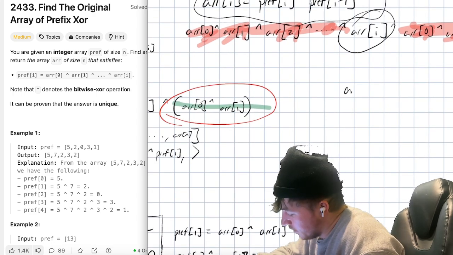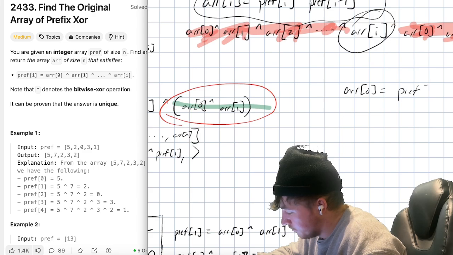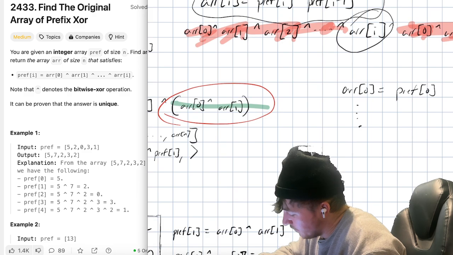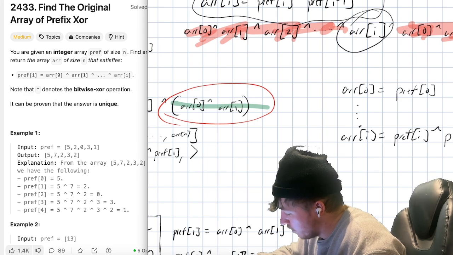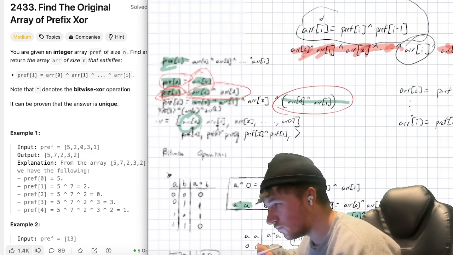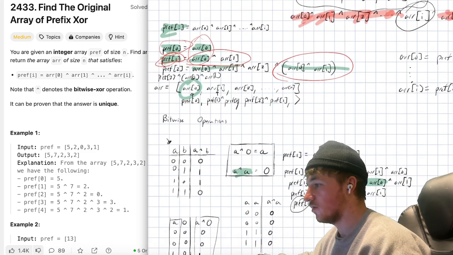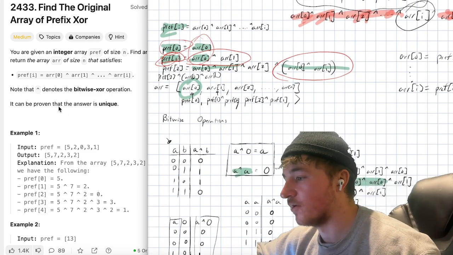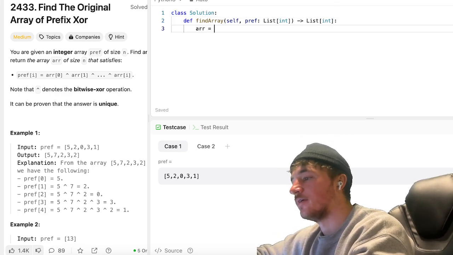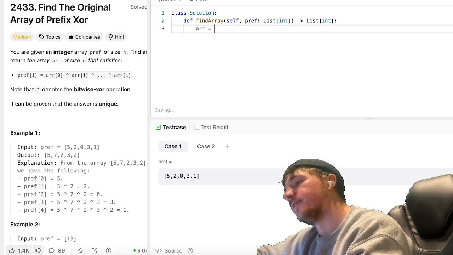Of course, array 0 equals pref 0 because there is no previous value. And then for each subsequent value, we just say array I equals pref of I XOR pref of I minus 1, right? And we're given that information, so we should be good. All right, so let's go ahead and just solve this. So we find the array, we'll create our new array.